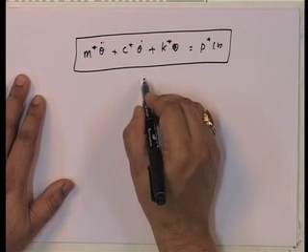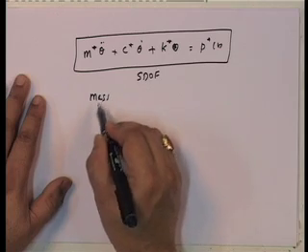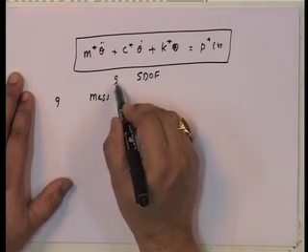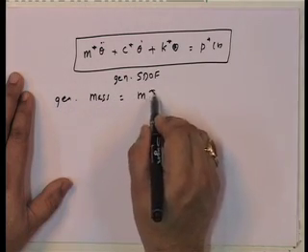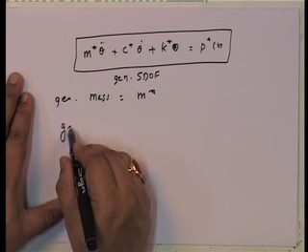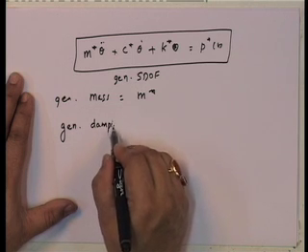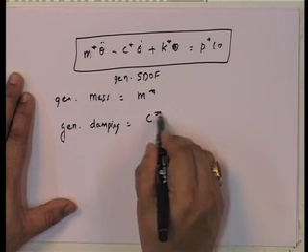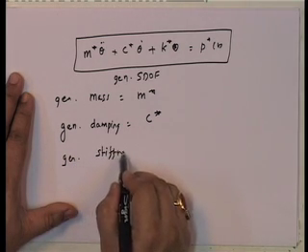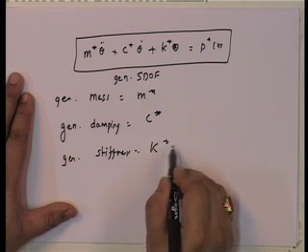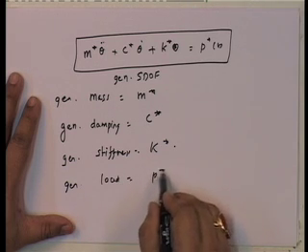It looks like a single degree of freedom, and this I will call a generalized single degree of freedom. The generalized mass is equal to m star. The generalized damping is equal to c star. Generalized stiffness is equal to k star, and generalized load is equal to p star.